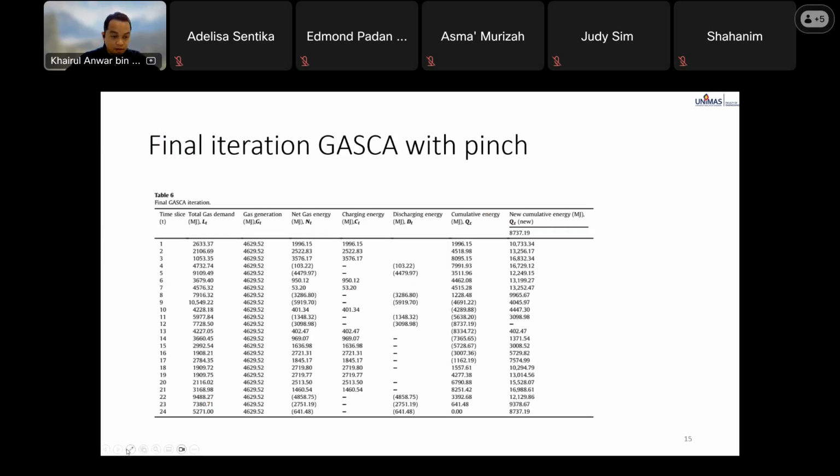So, right. So QT here is actually QT equal to this value plus this value and this value. So you get this value.